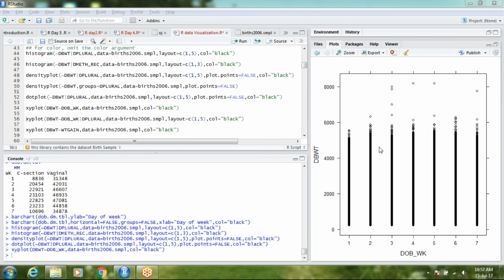Here you can see there is no such variation. A few of the points are quite high for the weight, but again more or less it resembles a similar pattern, nothing much different.